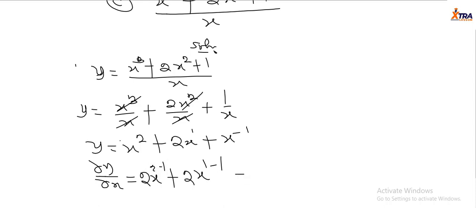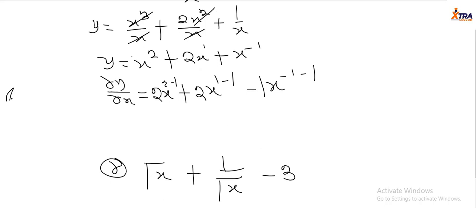This will come down here, multiply, there's a coefficient here which is 1, so we multiply and we have minus 1. x is power minus 1 minus 1. So we have dy over dx equals 2x to the power 1 plus 2 x to the power 0, and anything to the power 0 is 1.